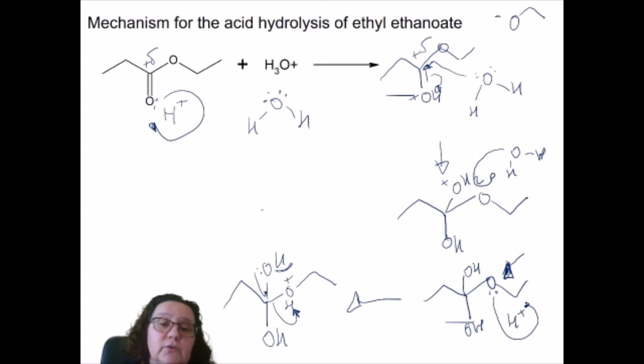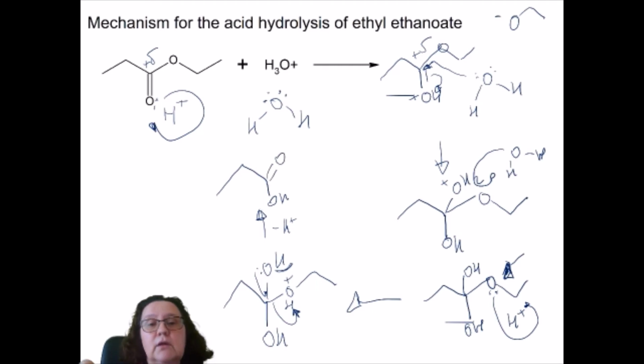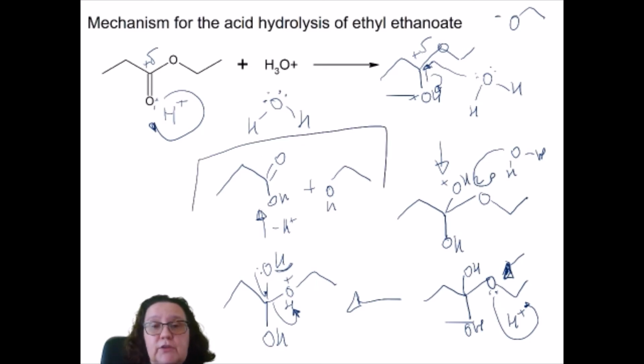So by simply removing a hydrogen ion from the OH, you would end up forming the carboxylic acid, and you would have the alcohol part that has left the molecule, and this would be the final product.